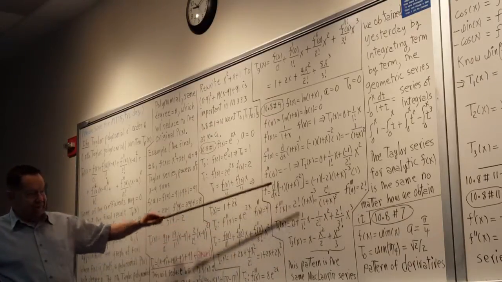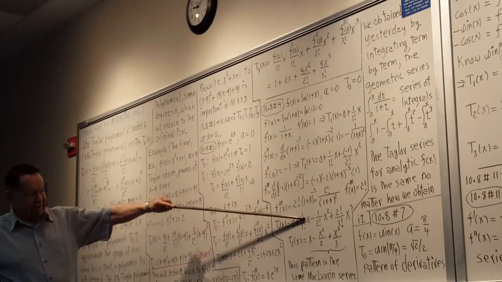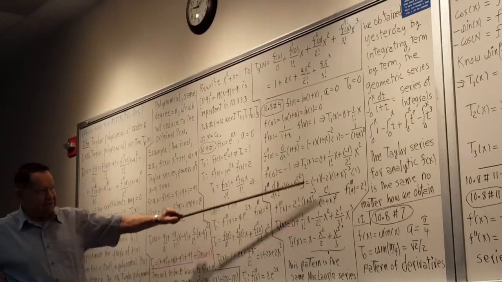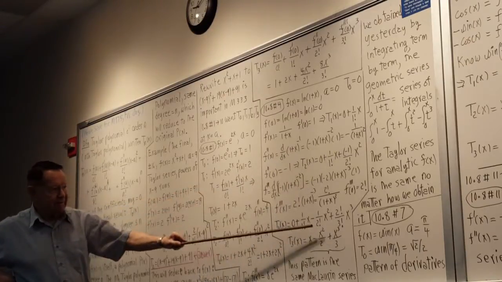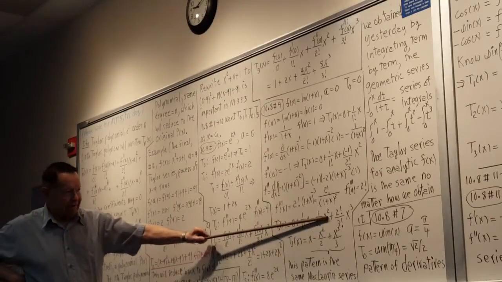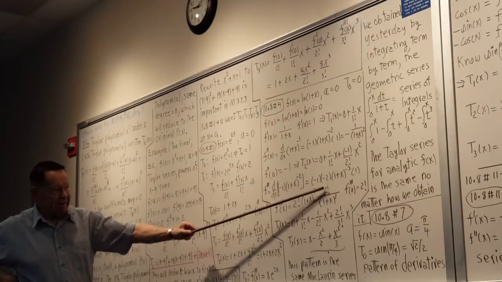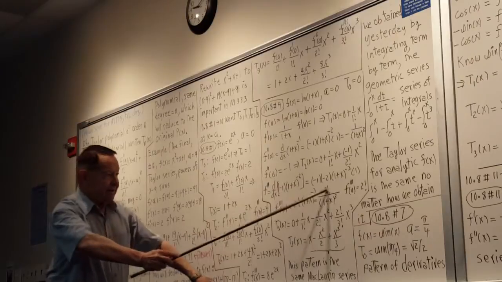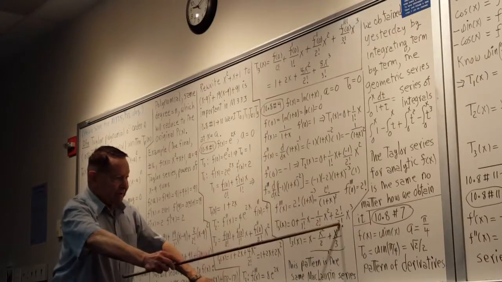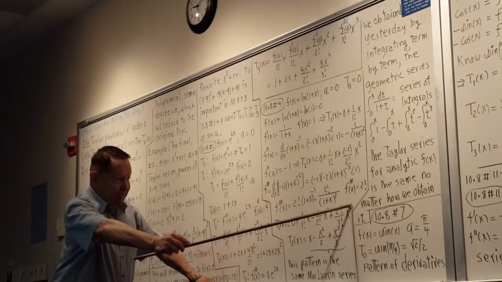So your T3 is 0, which is your T0, plus x, so that much is T1, then minus, this one was a minus, 1 over 2 factorial x squared, so this part here is your T2, and then this, the 2 factorial from here, which is your value, over 3 factorial from the pattern of the series, x cubed.